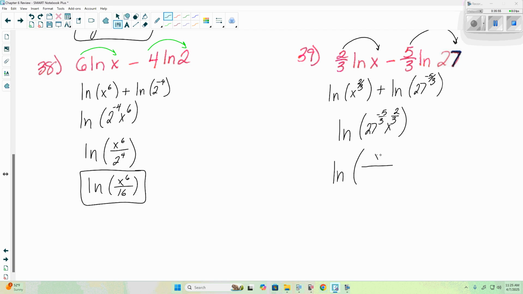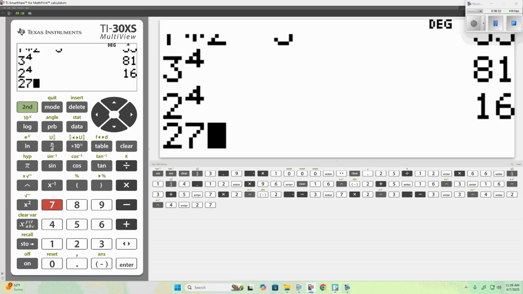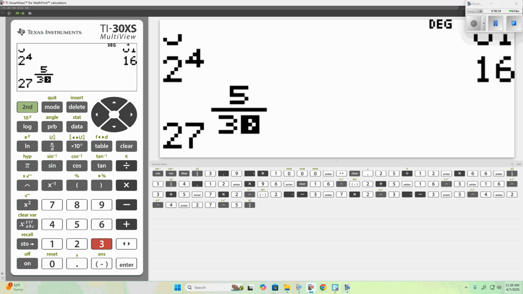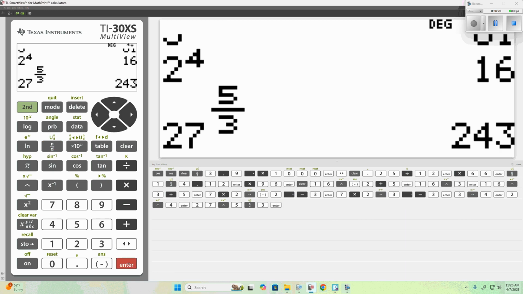We have a negative exponent. Yes. The 27 to the negative 5/3 is 243 on the bottom.